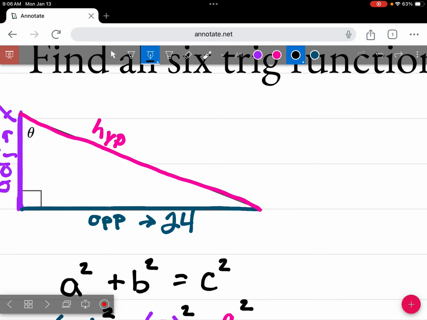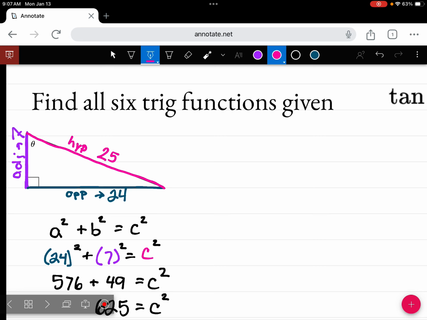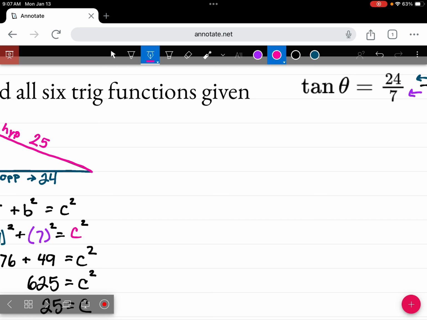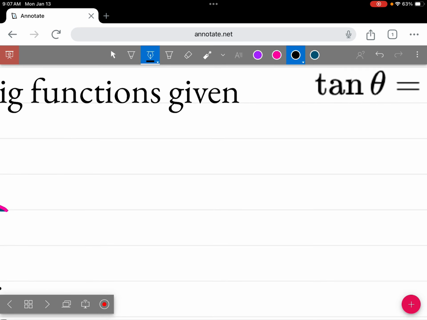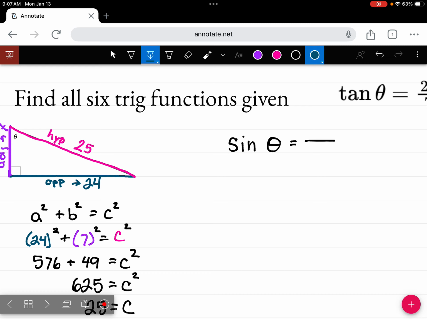It'll let me zoom in. There we go. My iPad likes to be a grumpy Gus. Okay, so we need to have all of our sides before we can do all 6 trig functions. So then we have our sine of theta. Sine is made of which two pieces? So OH, opposite over hypotenuse. So our opposite has a measurement of 24.